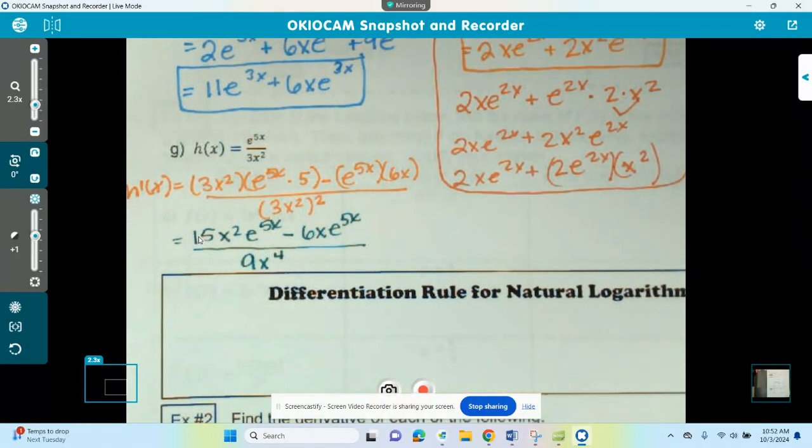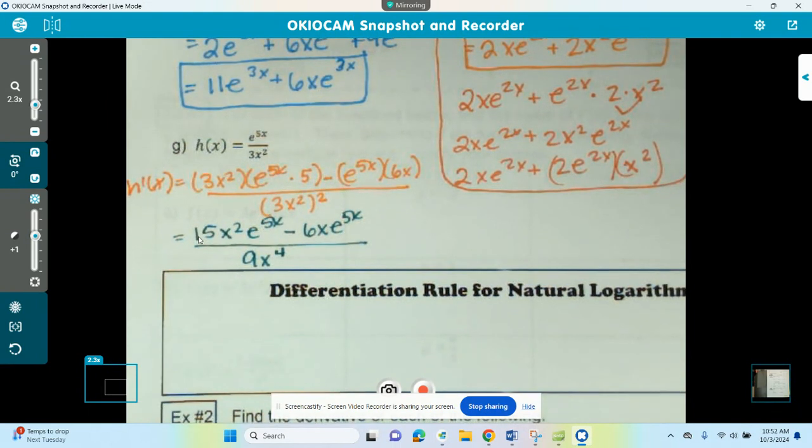All right, now is there anything that can cancel? We can cancel at least one x. What else? A 3. Okay. If y'all want me to write that out, I will write it out in my next step, but I don't usually write that.